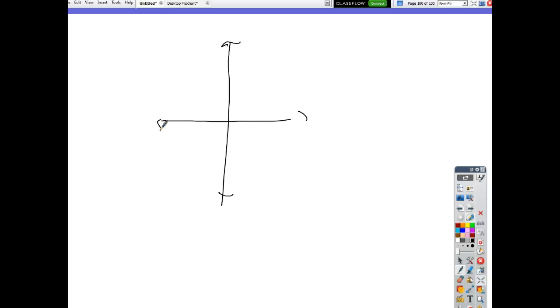So if I am looking at a function, say x squared minus 4 equals y, if I want to find the zeros, what would I do? Where y equals 0. So what am I going to do? Put y at 0, right? And then what do I do? Add 4 to both sides. I'm going to solve it, right? So I get x squared equals 4.